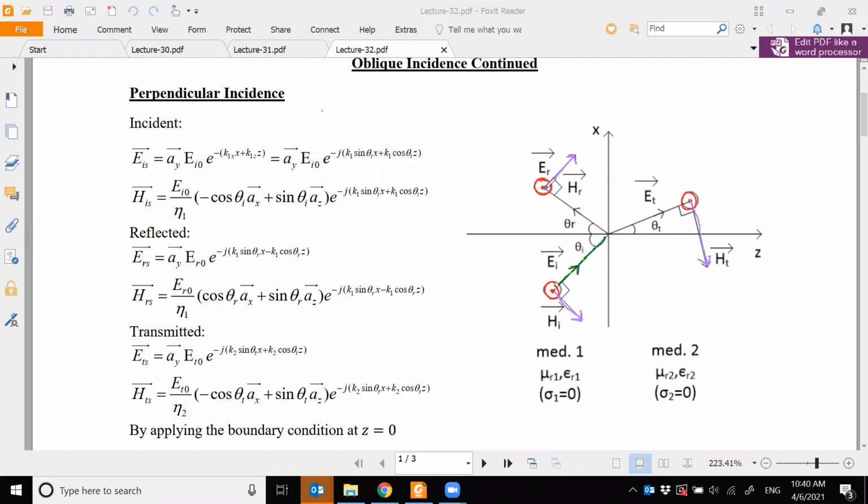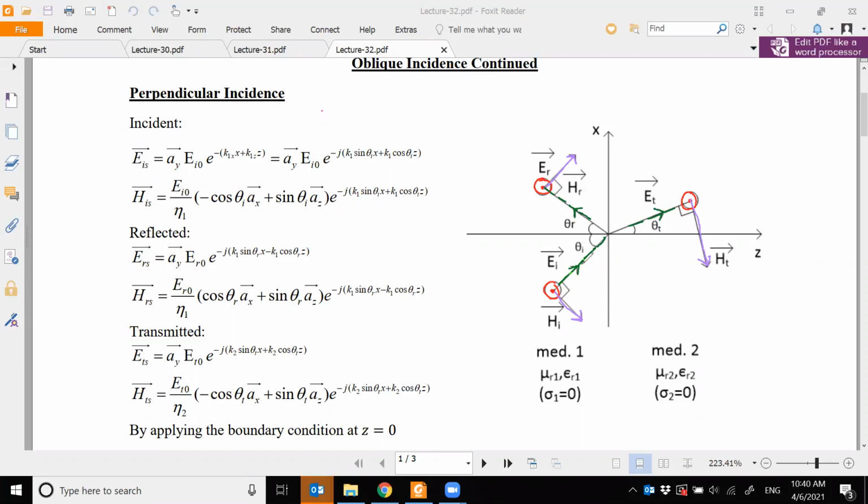This is the direction along which my reflected field is traveling, and this is the direction along which my transmitted field is traveling. My transmitted field is making an angle of theta T, and my reflected field is also making an angle, theta R.